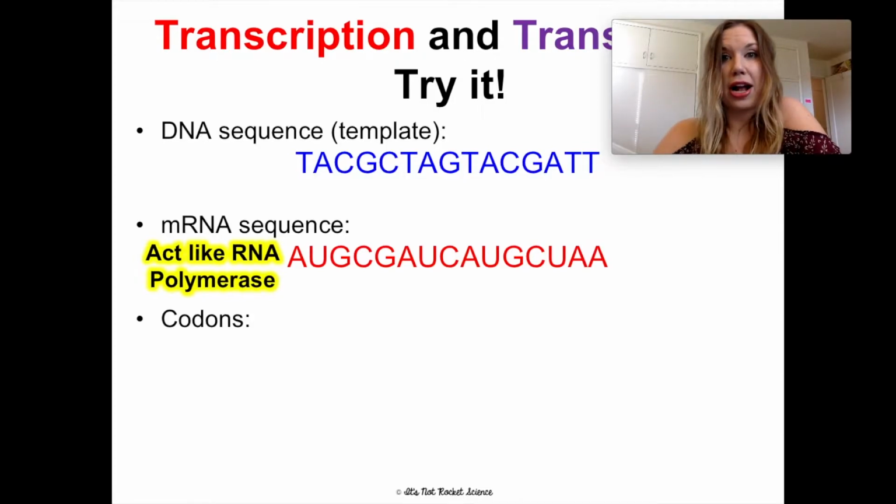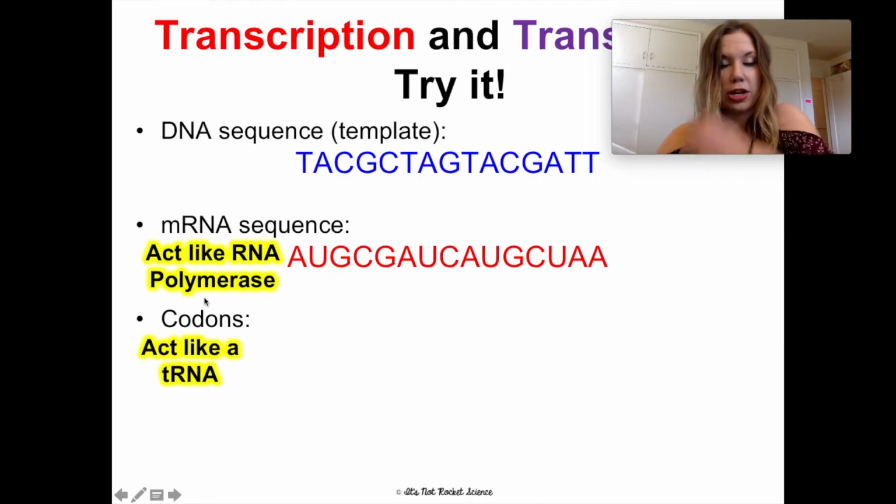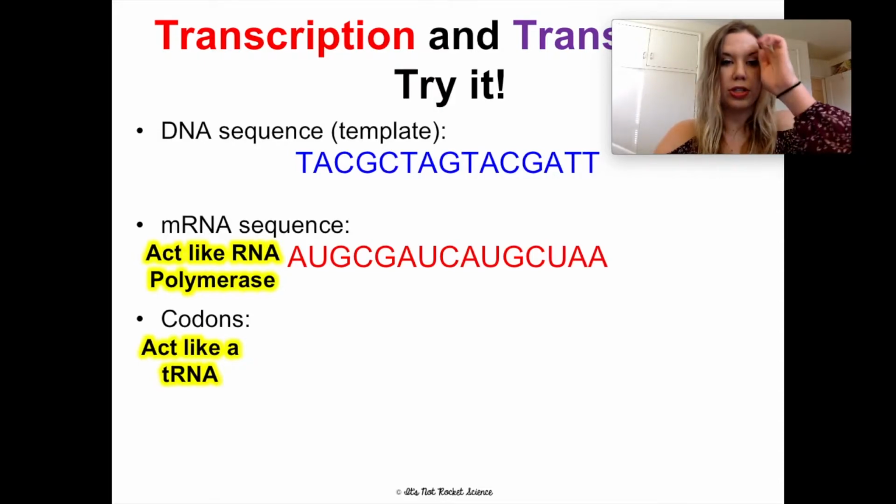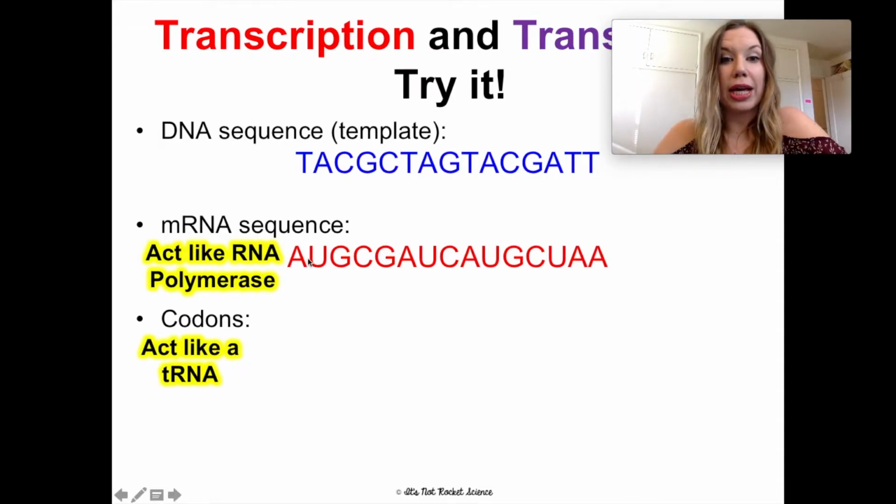Now, I want you to act like a tRNA molecule. I want you to read this strand in terms of its specific codons, because we're going to be matching it up with its anticodon. All you're doing is separating this sequence into its corresponding triplets. You're not going to add any complementary bases or make it opposite.